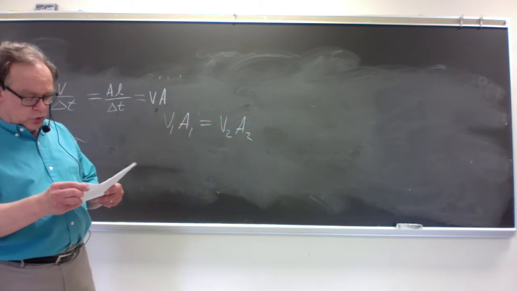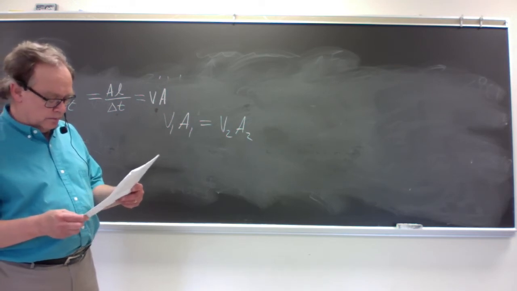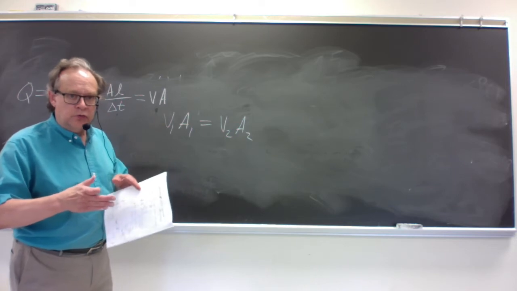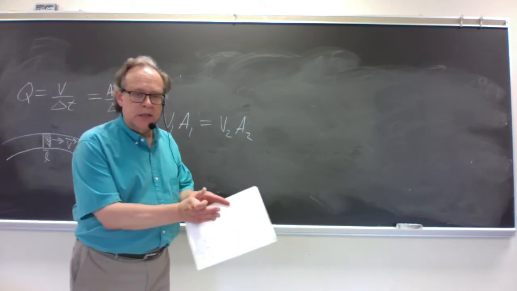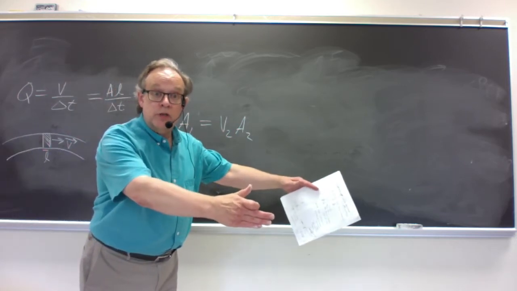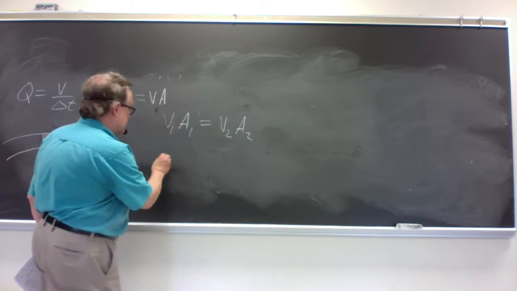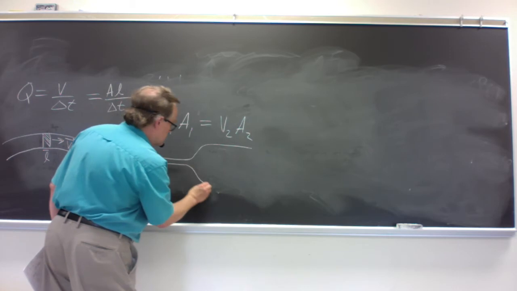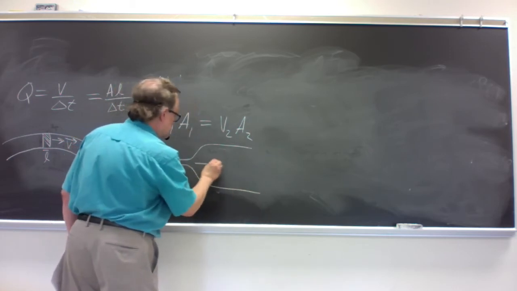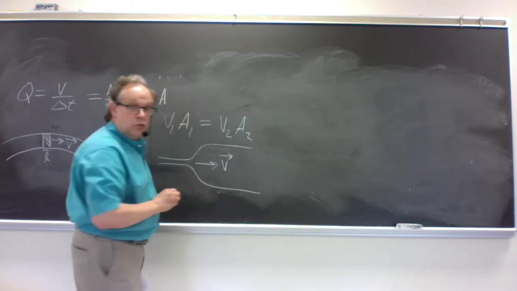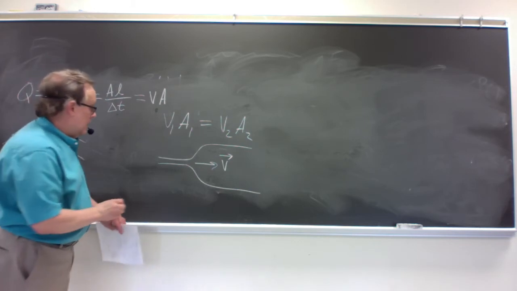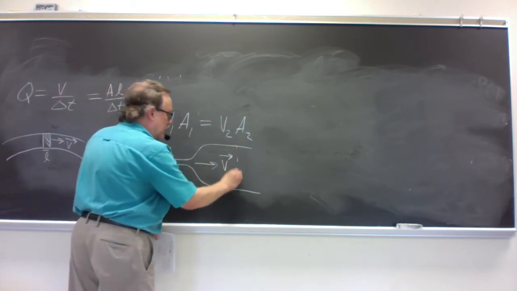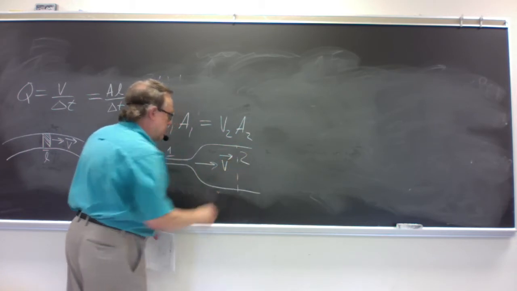An important conclusion that we can draw from that: imagine that the fluid flows through some narrow spaces and then flows through some wide spaces. Let's say fluid is flowing from left to right, and the narrow space we'll call 1, and then the wide space is out here.